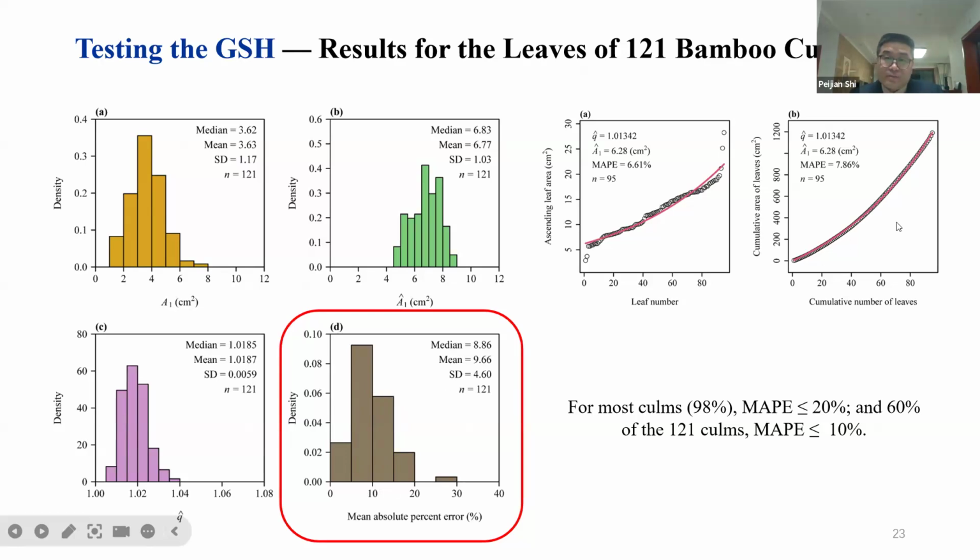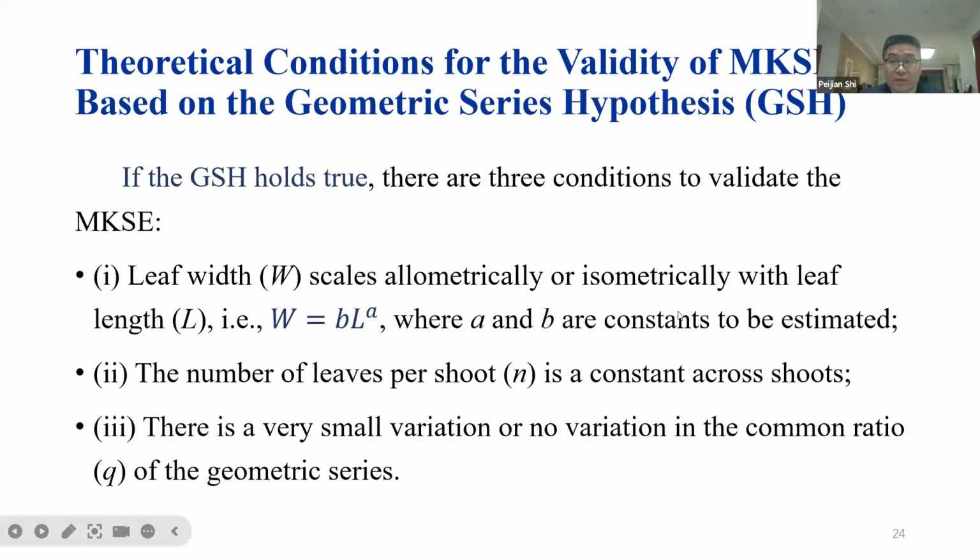It's just good. For the cumulative leaf areas, the geometric series hypothesis basically holds true, at least for this bamboo species.